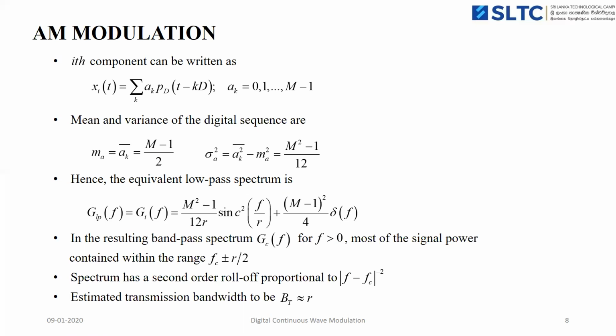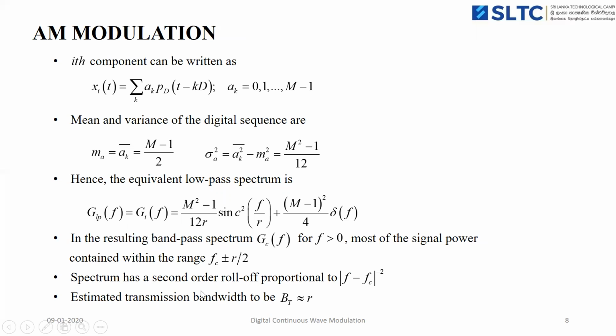You can see that in the resulting bandpass spectrum, most of the signal power is contained within the range fc plus or minus R by 2, where R is the input source bit rate. The power spectrum of the rectangular pulses decreases as a second-order function, proportional to f minus fc to the power minus 2.